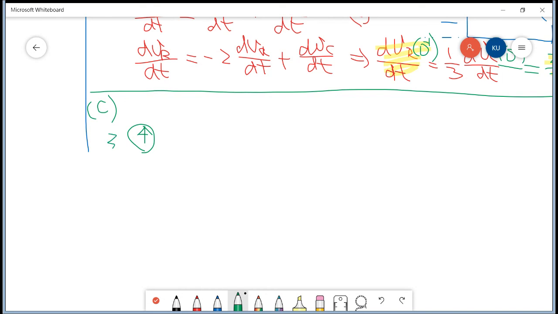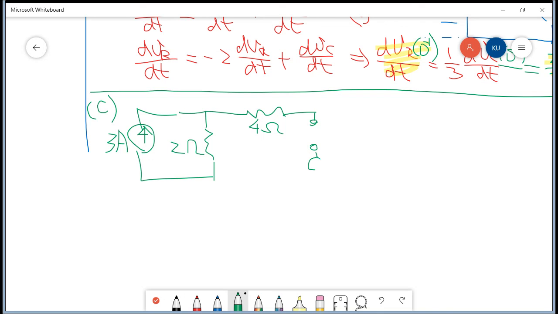This is 3A, this is 2 ohm, this is 4 ohm, and the capacitor will be open, and this is still 20 volts, and this one will be a short circuit for an inductor.